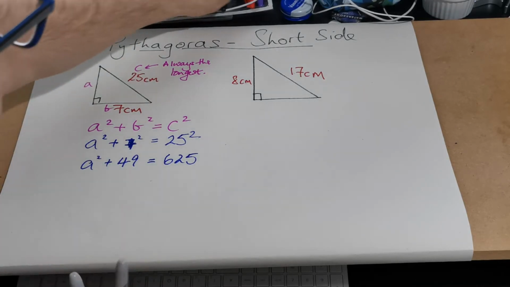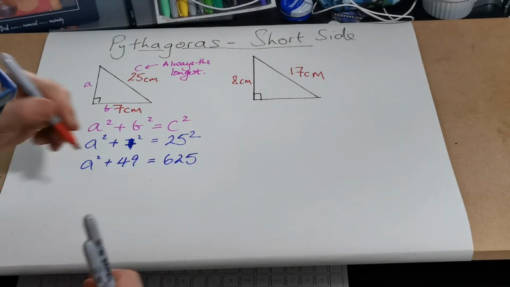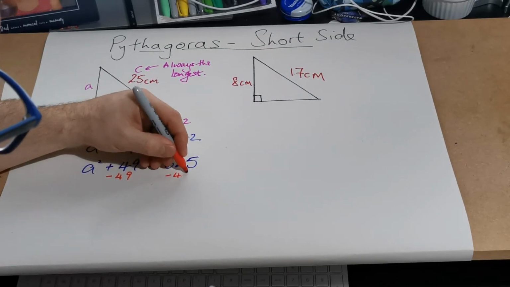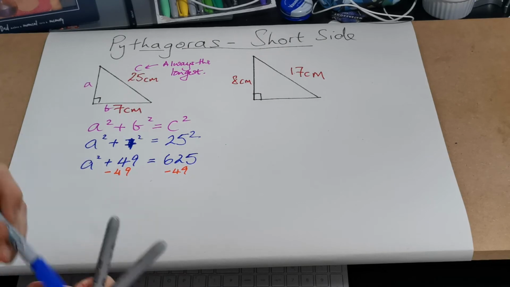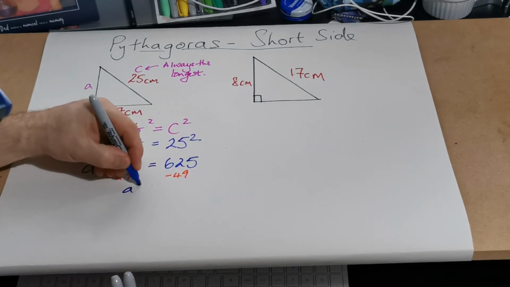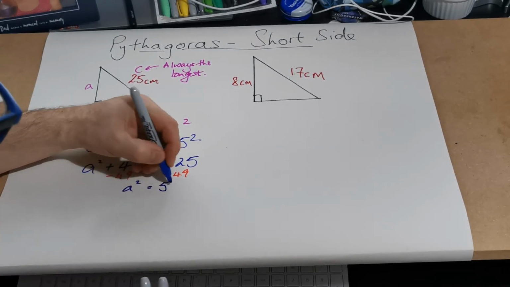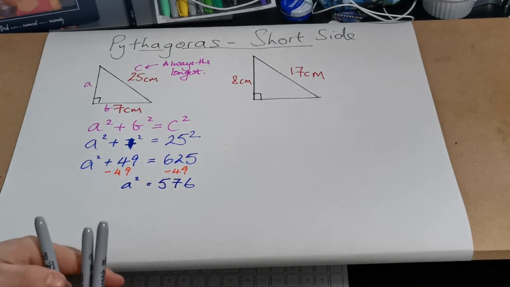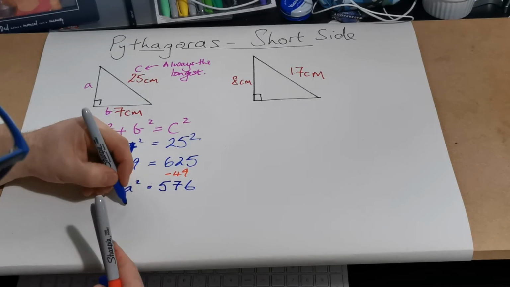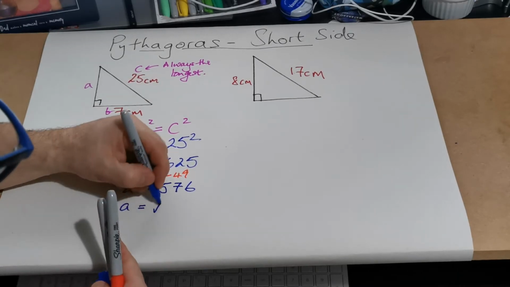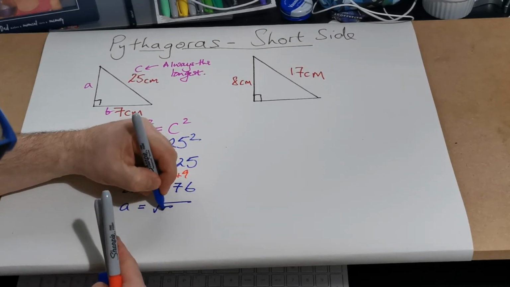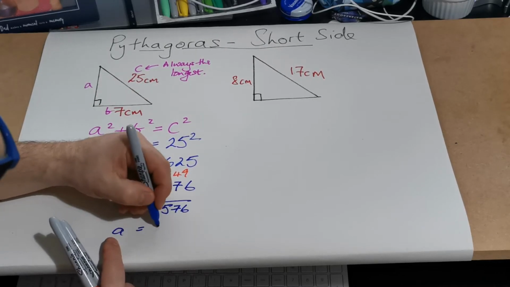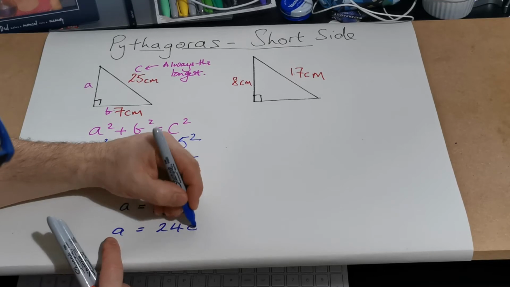Then I'm going to take away the 49 from both sides. To give me the A squared is equal to 576. And then I'm going to square root both sides, so I know that A is equal to the square root of 576, which is 24 centimetres.